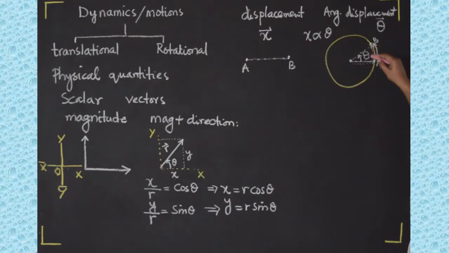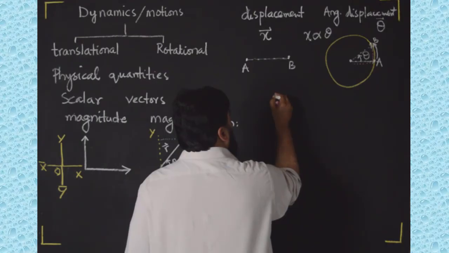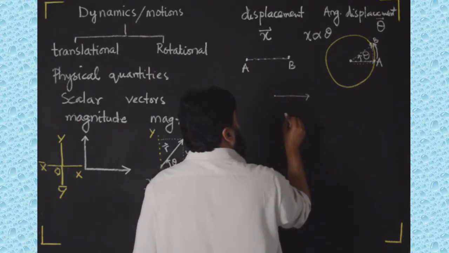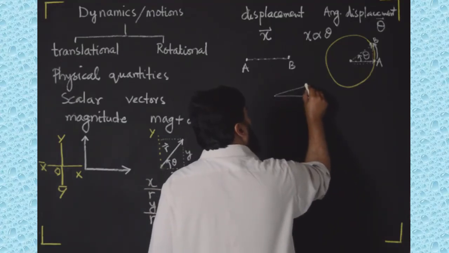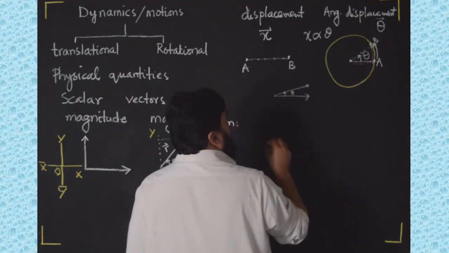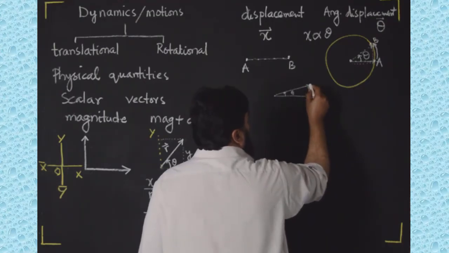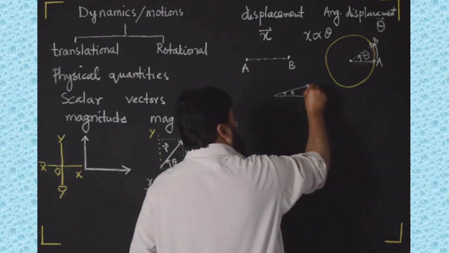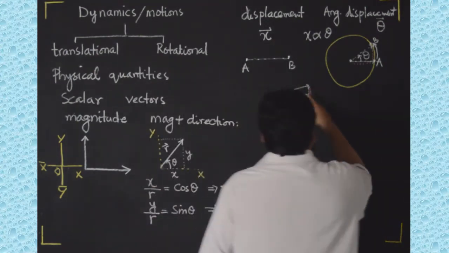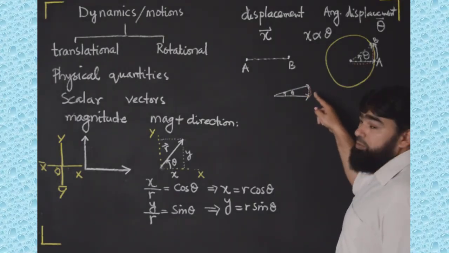So what I will do is consider a very small displacement, and let's say this is r, and this is theta, so this will be a perpendicular line. Now the curvature is small here. So this and this are not the same, but can be approximated.